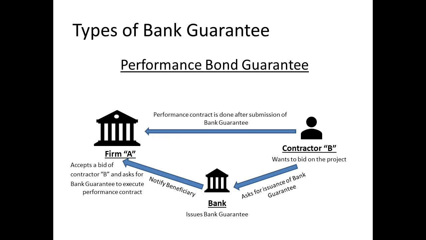Hence, contractor B will now apply to the bank for a performance bond guarantee amounting to 10% of the bid value, that is 0.1 million. And after the bank issues the performance bond guarantee as per the requirement of contractor B, he submits the performance bond to the project owner.